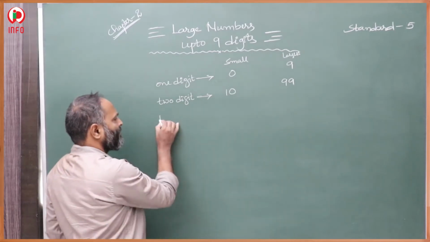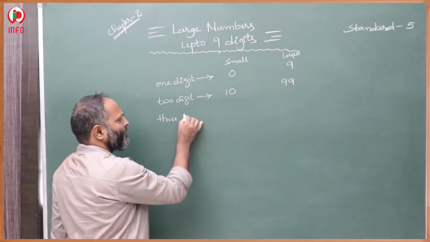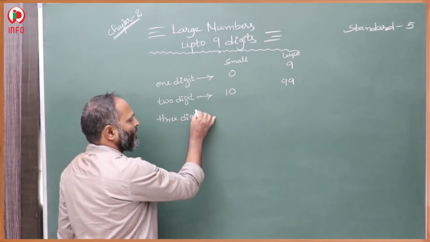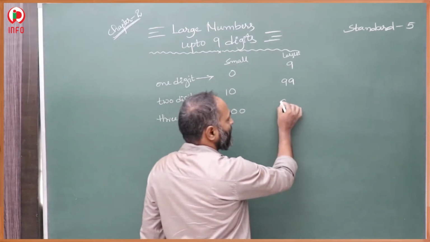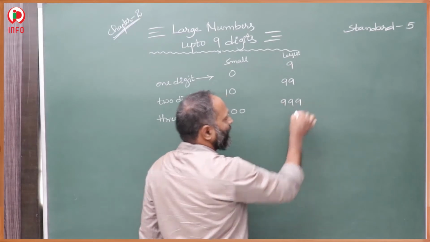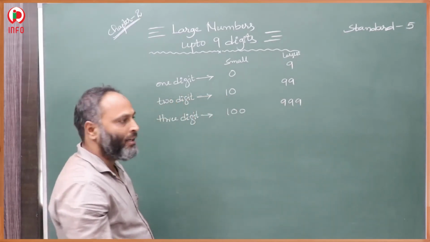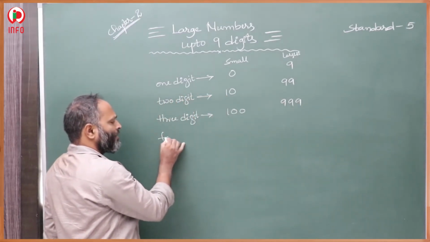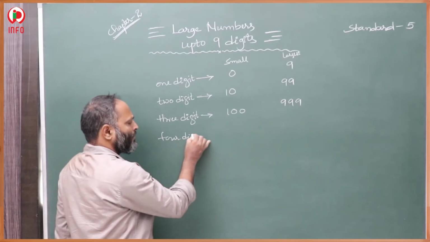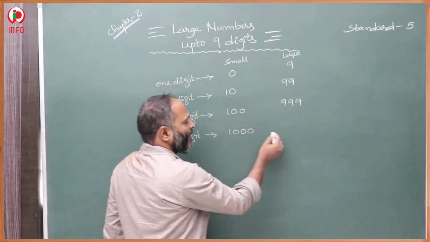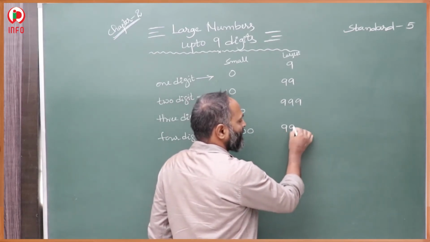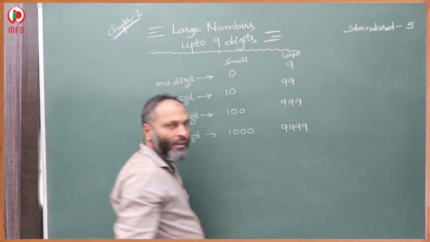The 3-digit smallest number is 100 and the largest is 999. And the 4-digit smallest number is 1000 and the largest is 9999.